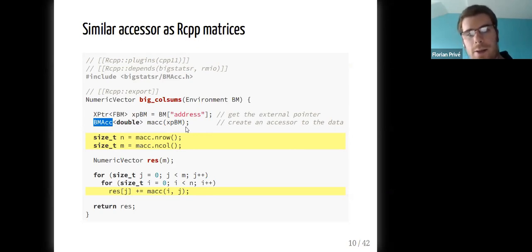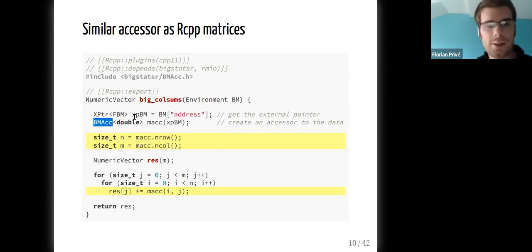The standard R matrix in Rcpp is called a NumericMatrix. And with a NumericMatrix, you have methods like nrow and ncol to get the number of rows and columns. And then you have the accessor with the parentheses to access element i, j, like row i and column j. It's exactly the same with this format and this accessor.